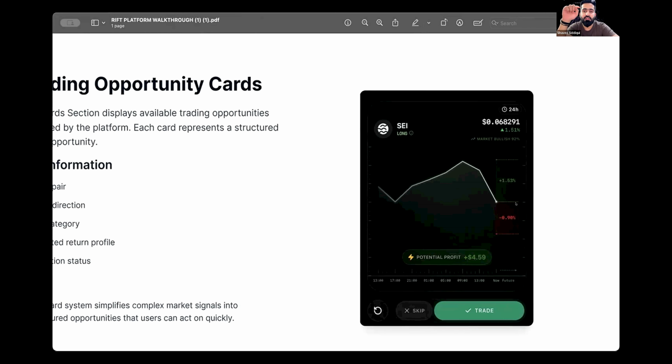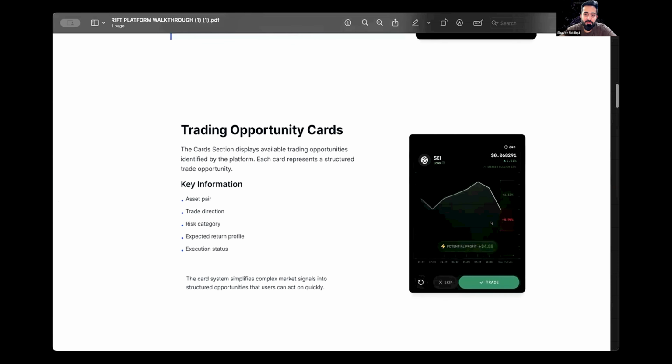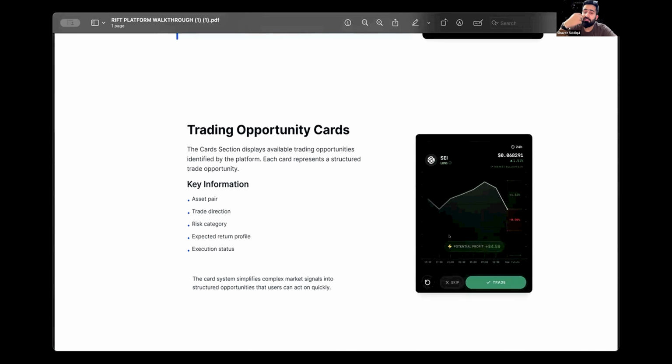If you want to trade, you click on trade or you swipe right, like the girl you want to meet or the boy you want to meet, or you swipe left and you just let them go away. Once you do that, your trade will be placed instantly within milliseconds. You don't have to wait for the execution. You will see the key asset pair, trade direction, risk strategy, expected return profile, and the execution status of the trade.